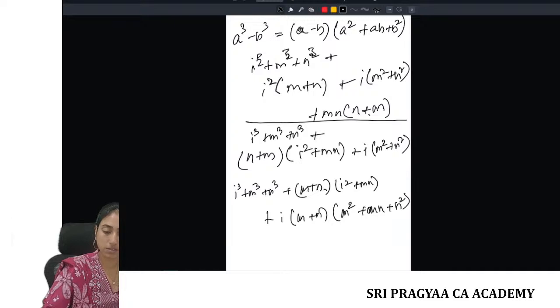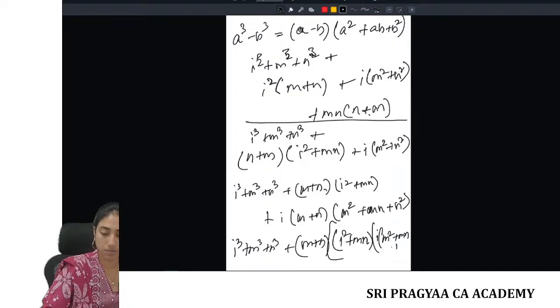So again in the term length I can isolate mn. If I isolate mn, what will I get? Into I square mn plus n square.